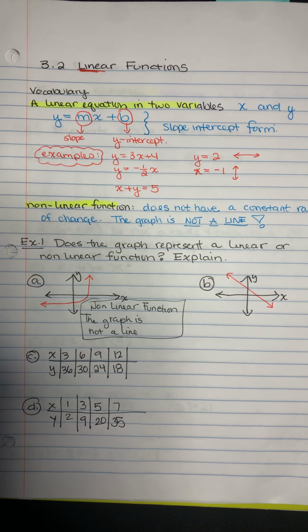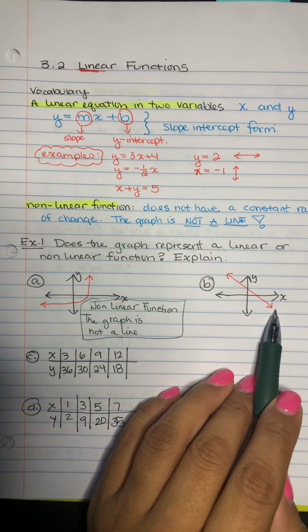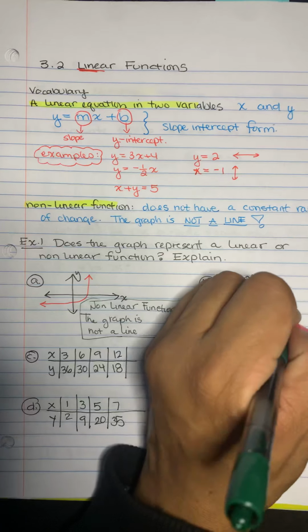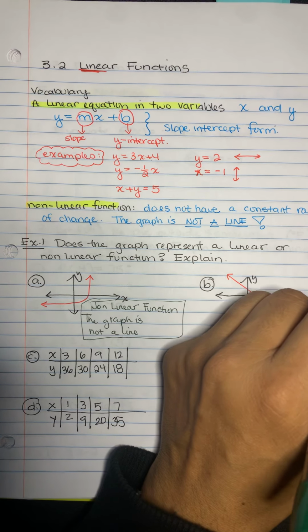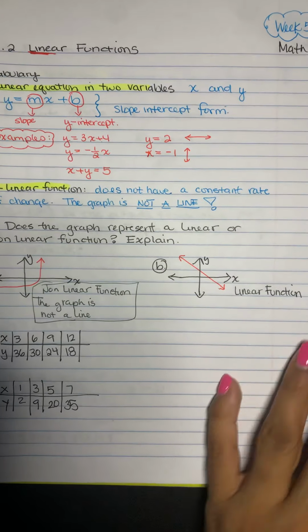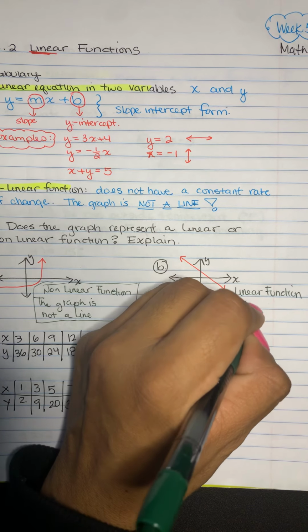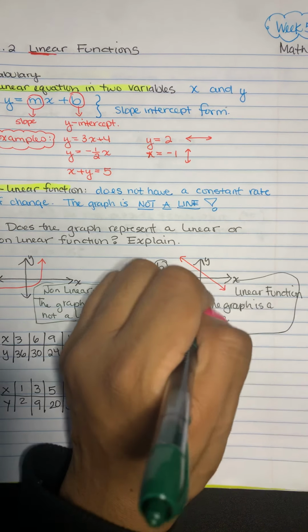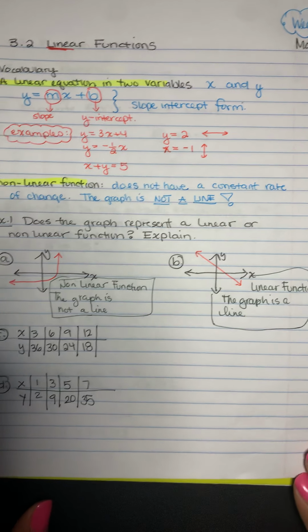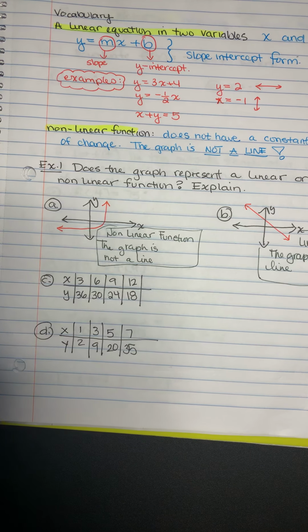And there's your explanation. Let's take a look at B. We do have a line. So we do have a linear function. And the graph is a line. Okay. Two quick examples, and let's move right along into example C.